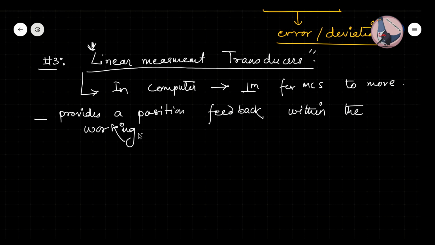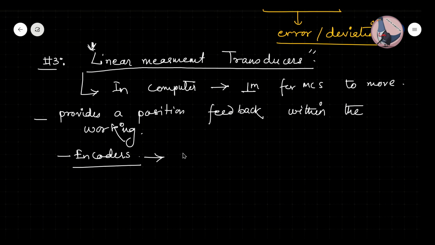Fine, you can understand this. Whatever measurement you ask the computer to move the machine coordinate system, it will be taken care of by the linear measurement transducers. And whether it has reached that location or not, such feedback is sent back to the system by these measurement transducers. Now it works along with encoders.